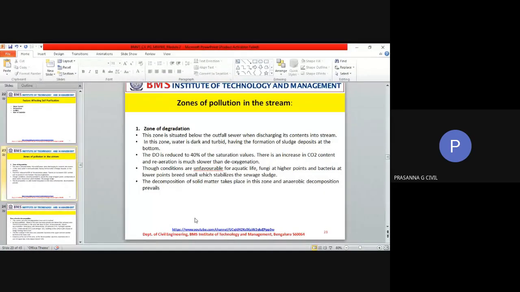been removed. And we have seen that under each of these cases, we see the changes that happen with respect to the conditions of, say, solids in the water, the type of organisms that are present, and the nature of sediments or sludge deposits that happen at the bottom of the stream during these phases.